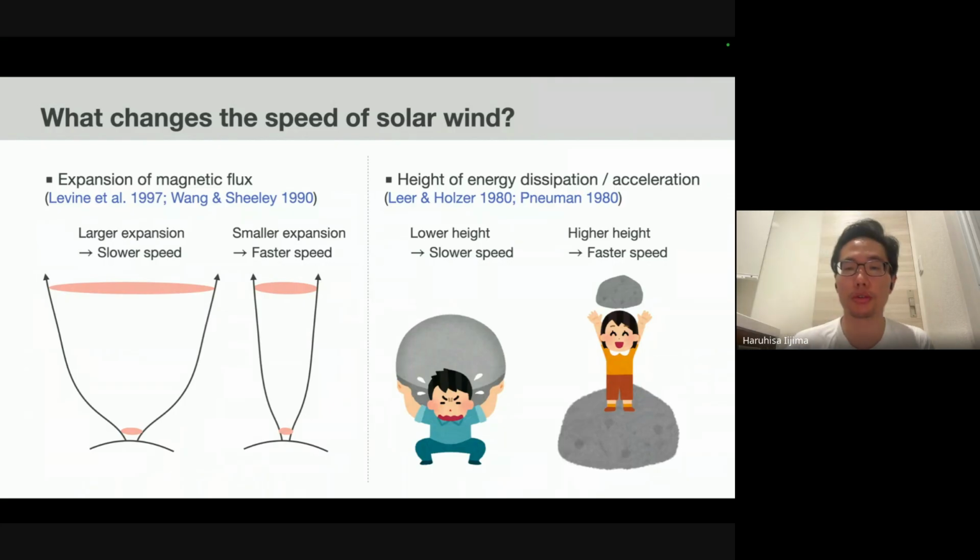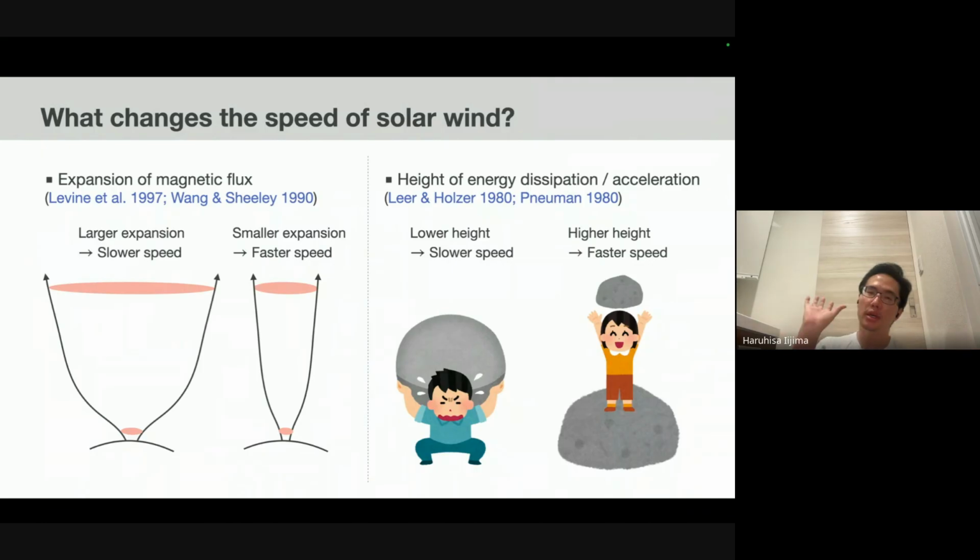This is also very simple because if we accelerate the plasma from the lower height of the solar atmosphere, the plasma is very heavy and it is difficult to lift up. So the produced solar wind becomes slower.